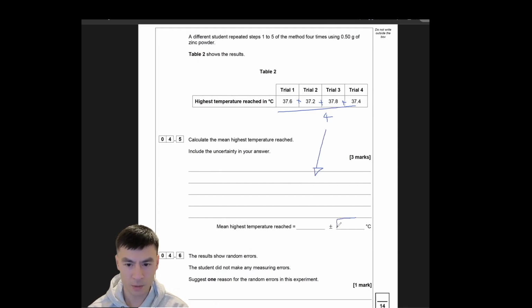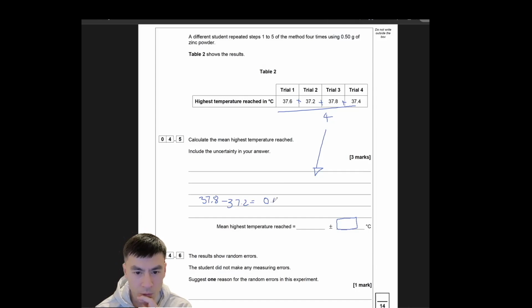Then the plus or minus: the highest is 37.8 and the lowest is 37.2, so the range is 0.6. Take the upper and lower, divided by 2, equals plus or minus 0.3. Just remember how to calculate these numbers.